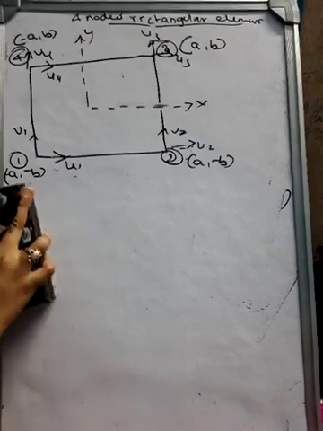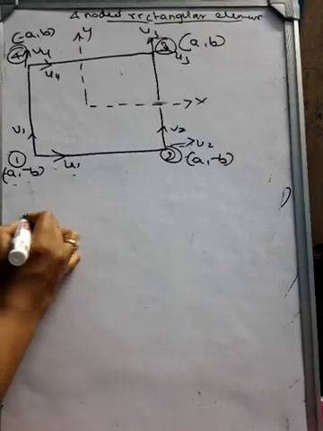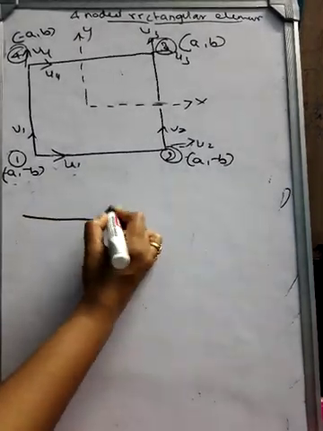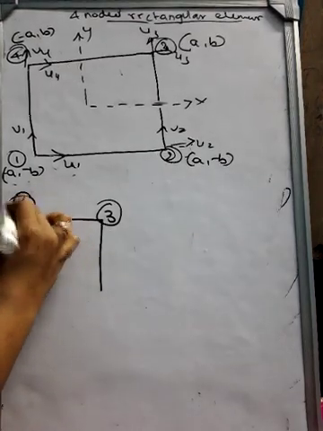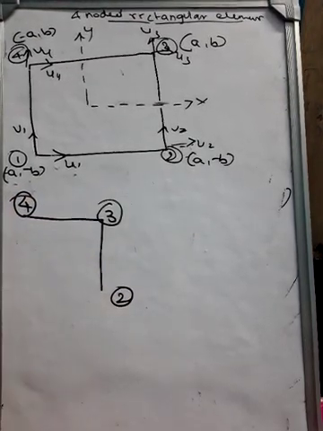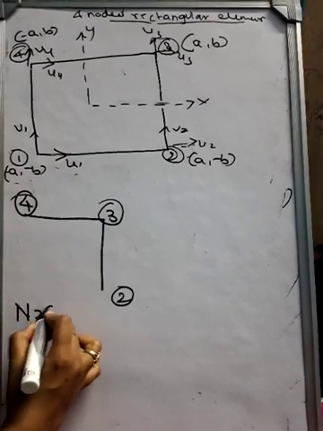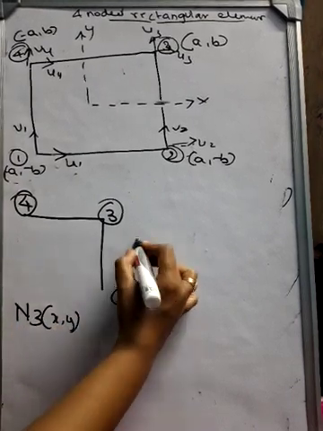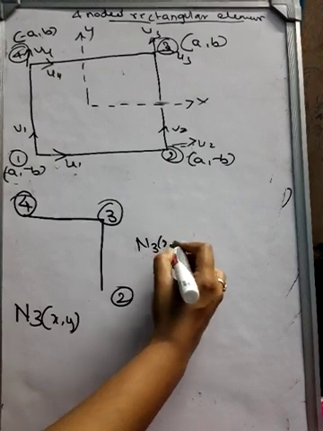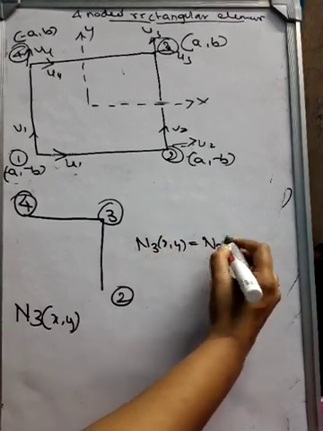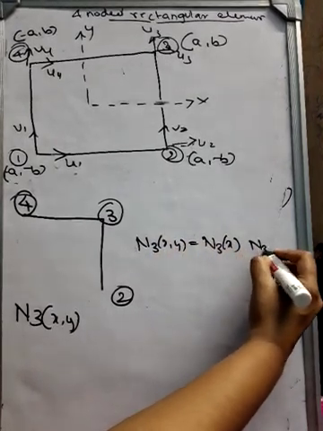Now let us consider the third. This is the third node, it is connected to 4 and to 2. Now we'll write N3 of x comma y is equal to N3 of x into N3 of y.